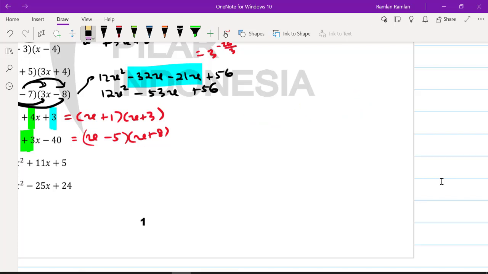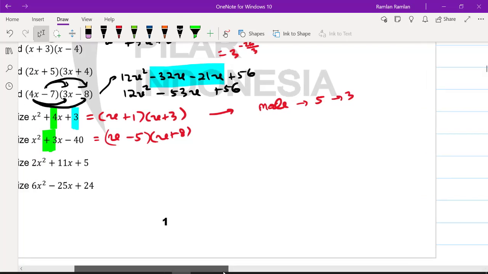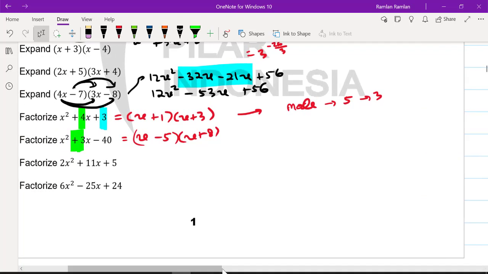If you want to factorize using the quadratic menu, for example if you put this into that calculator, you go to mode, and then you go to number 5, which is equation, and then you go to number 3, and then you only need to input the coefficients, right? Make sure that they are in the correct order: we have the squared term, then the variable without the square, and then the constant.